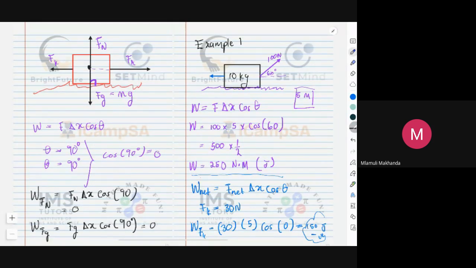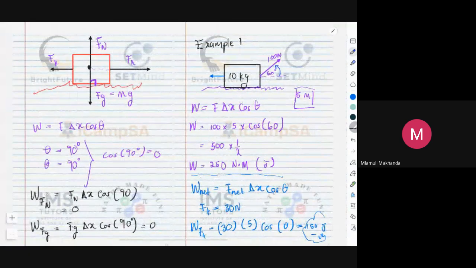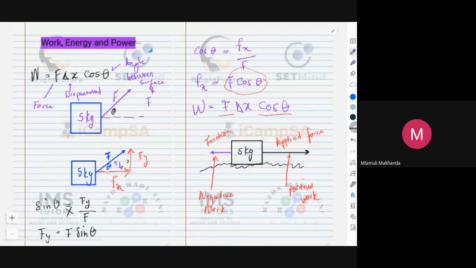Because it's at an angle. You can't take 100 at an angle and put it against 30, which is at a 0 angle. So for the net force, you'd have to change it.